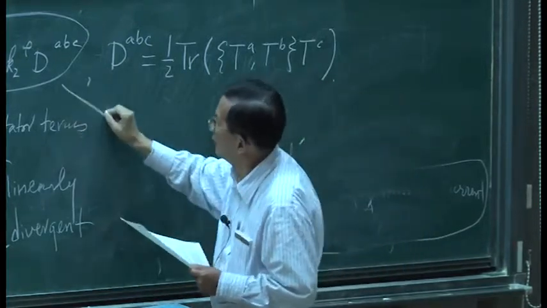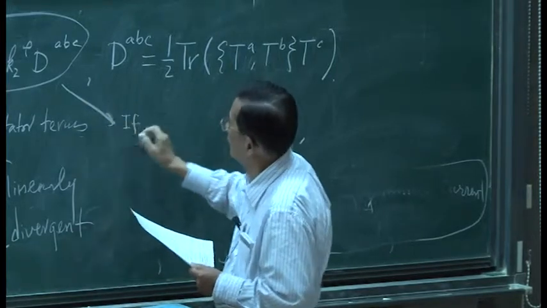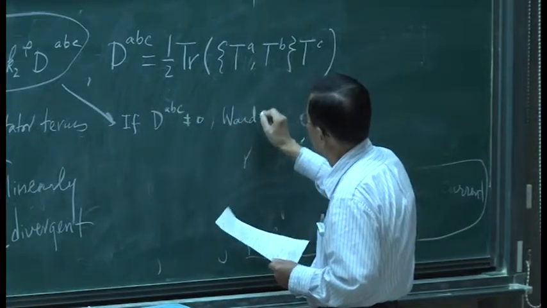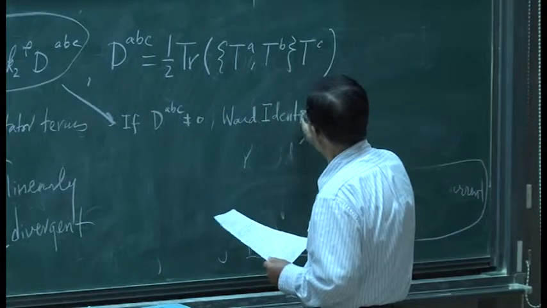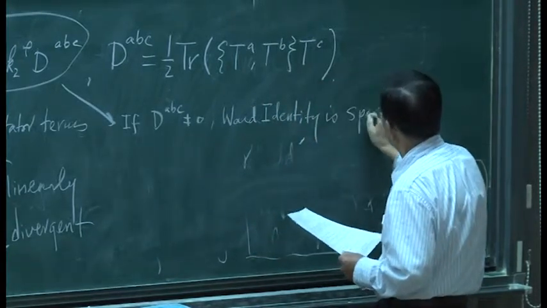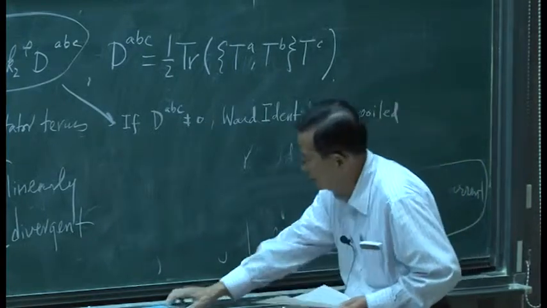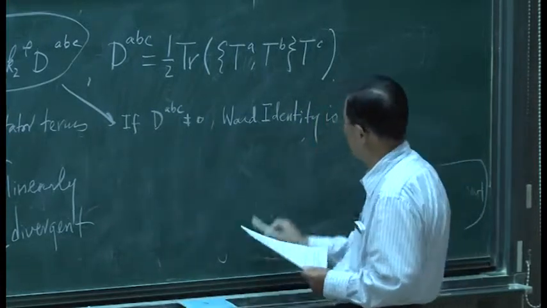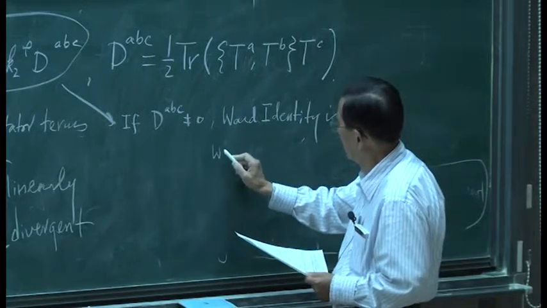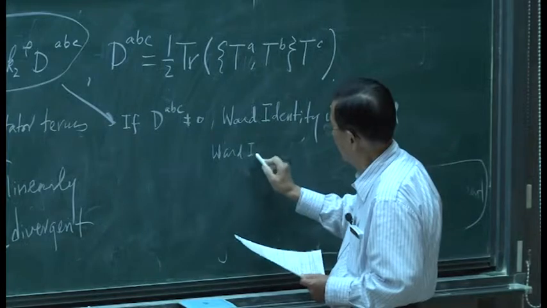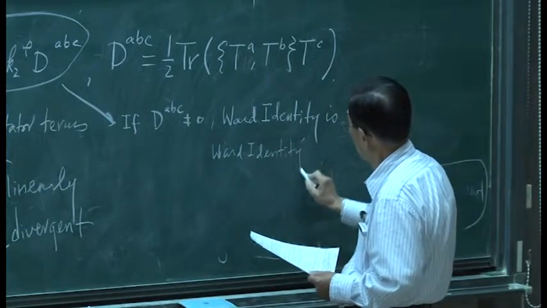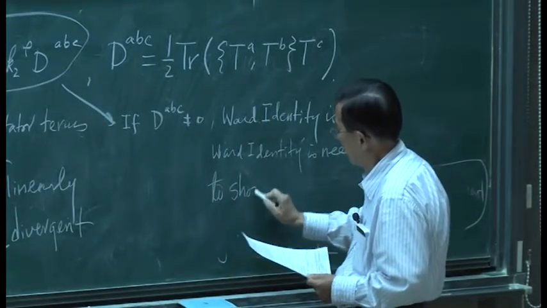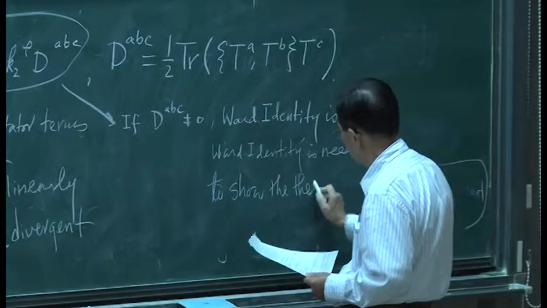If this d^{ABC} is not 0, then you don't have the Ward identity, and this Ward identity is needed to show that the theory is renormalizable.